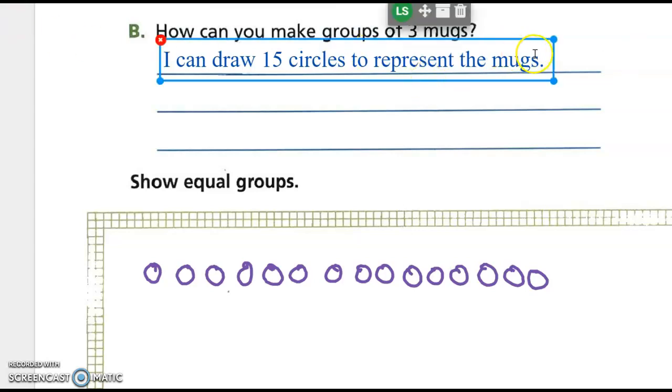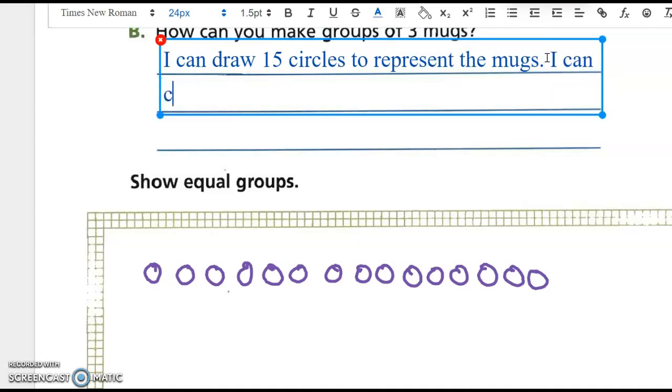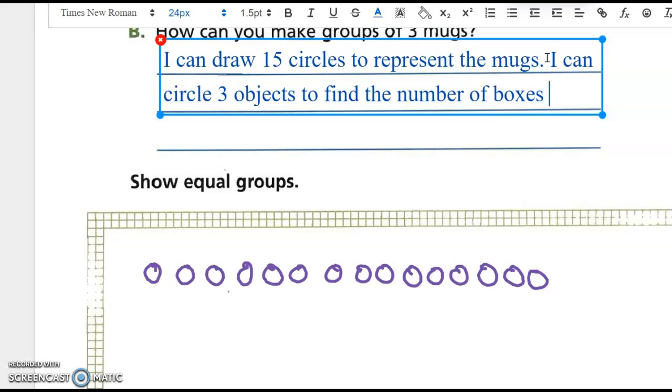Okay, let's type that up here with our mugs. I can circle 3 objects to find the number of boxes Daryl will need.